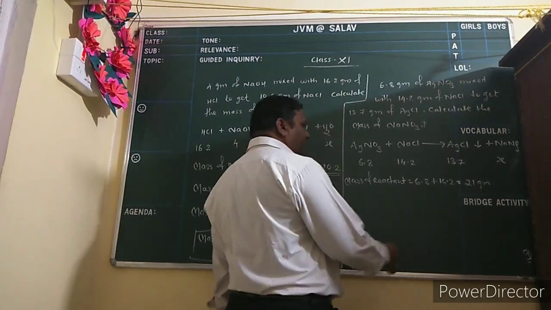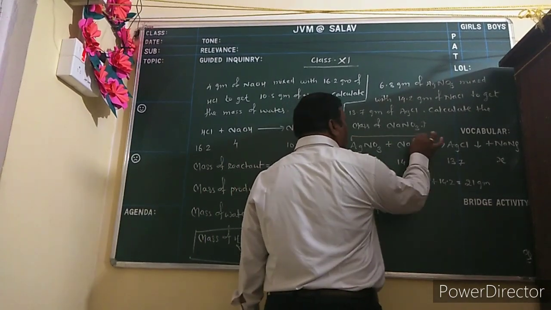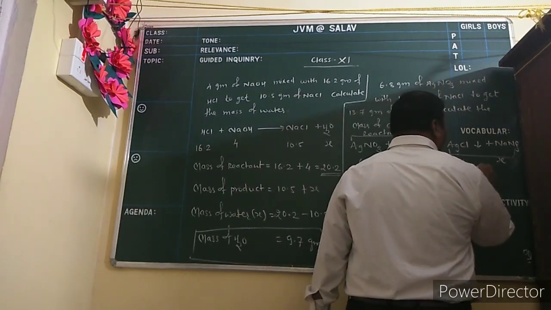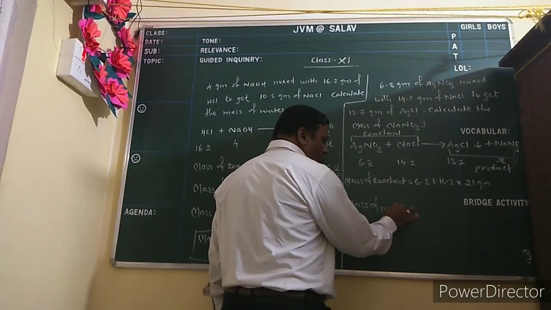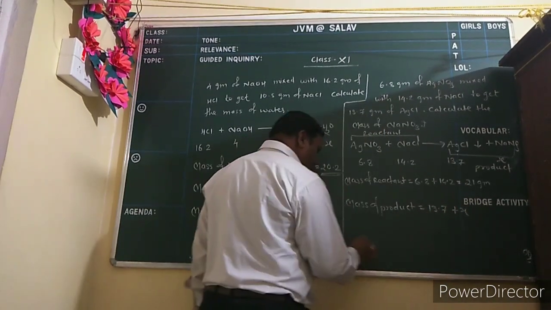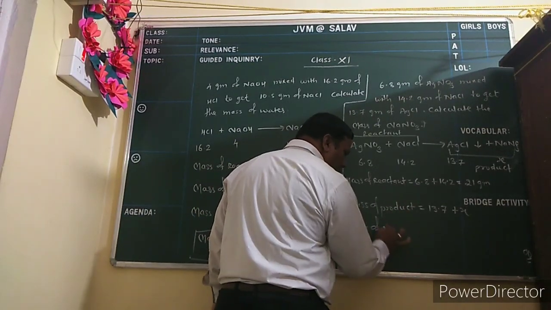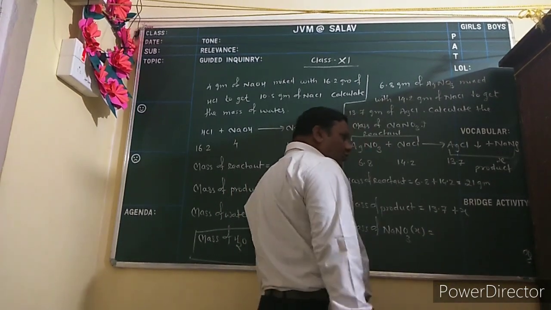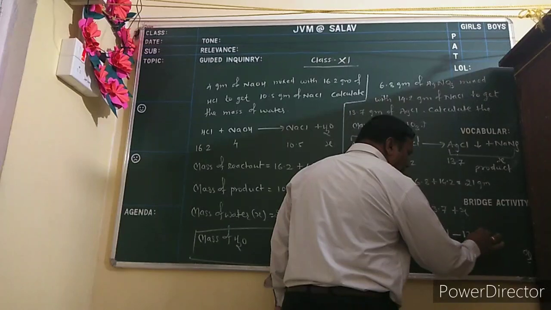Then, this one is the reactant and these are the products. So the mass of product will be 13.7 plus X. So the mass of NaNO3, that is X, equals what? 21 minus 13.7.